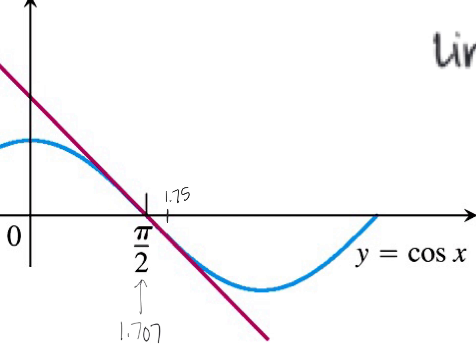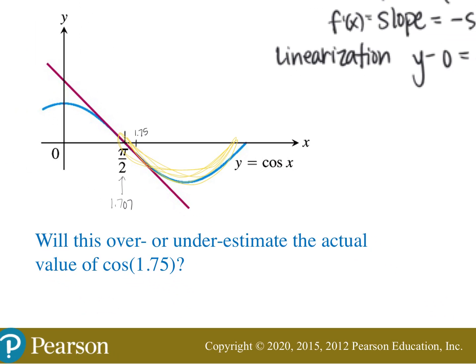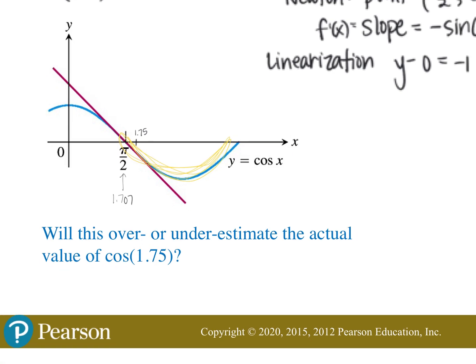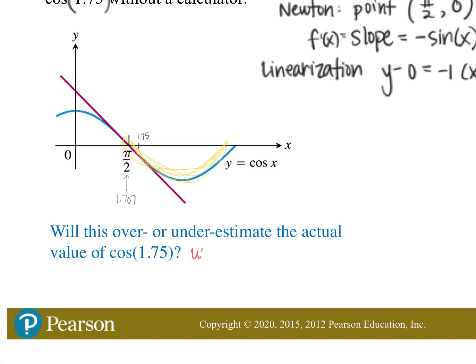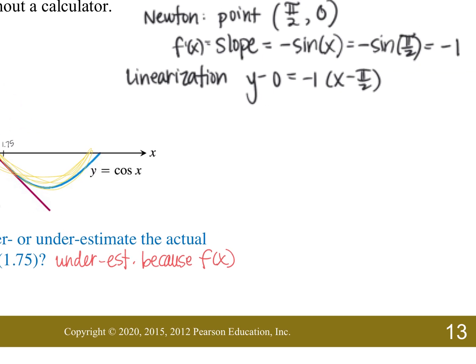What kind of concavity is existing on that side? This is positive concavity here. And if you have positive concavity on your function, the tangent line will always skim underneath. So based on positive concavity, a tangent line will underestimate. So this is going to be an underestimate, because f of x has positive concavity at x equals 1.75.